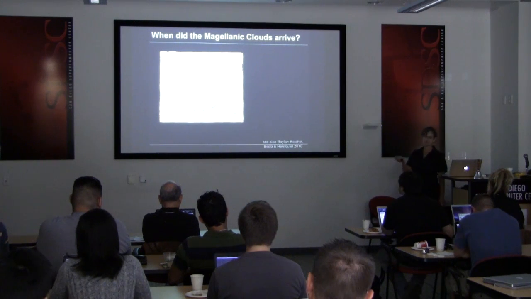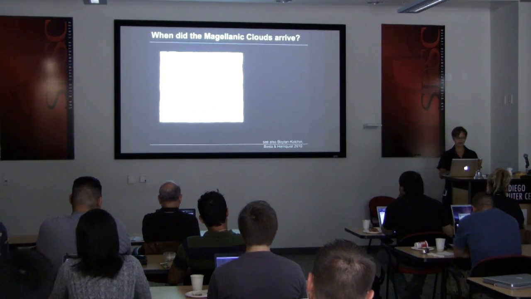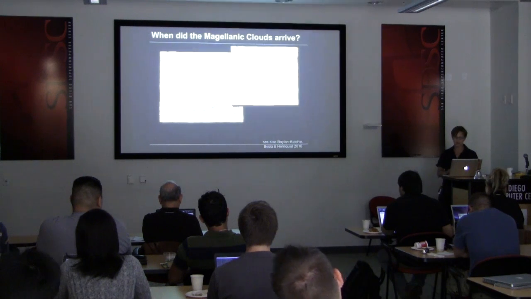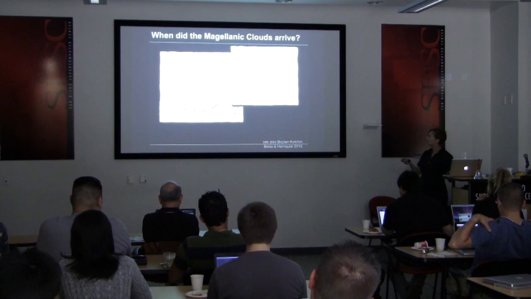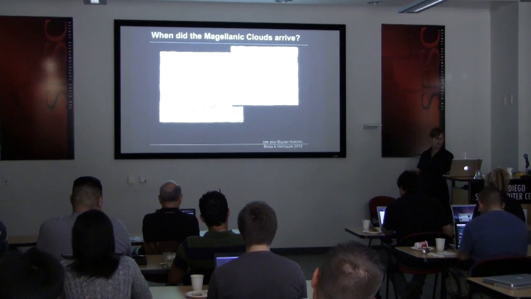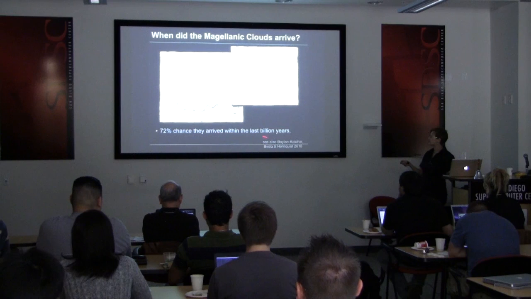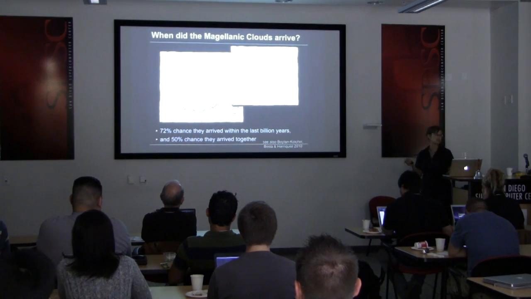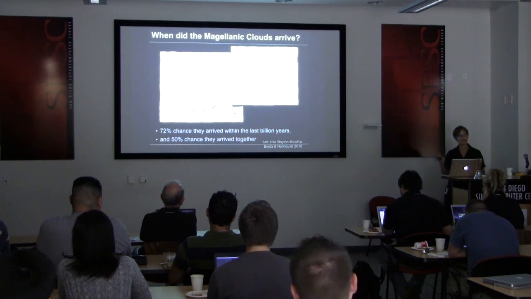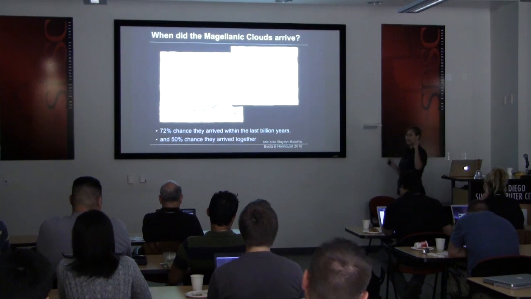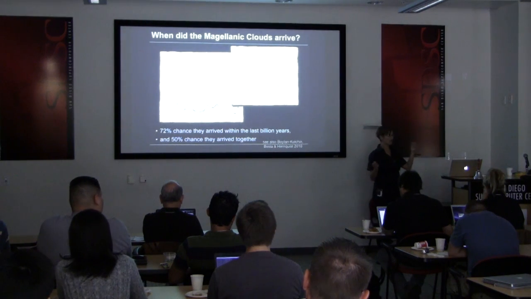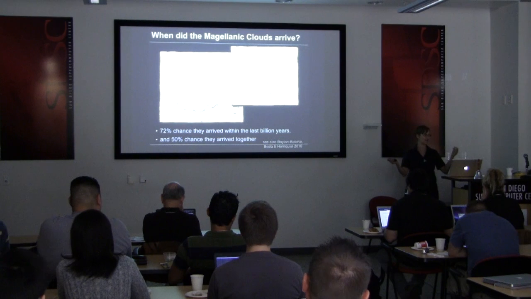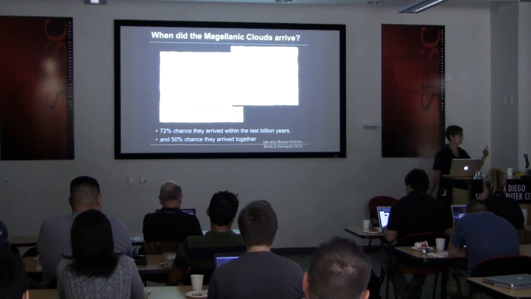And you can see it's most likely that the halos were accreted quite late in the history of the Milky Way. We find that there's about a 72% chance that they arrived within the last billion years, and about a 50% chance that they arrived together. In this analysis, we actually didn't use the relative positions of the LMC and SMC. We probably should. I think that would bring this likelihood that they arrived together up by a substantial margin.